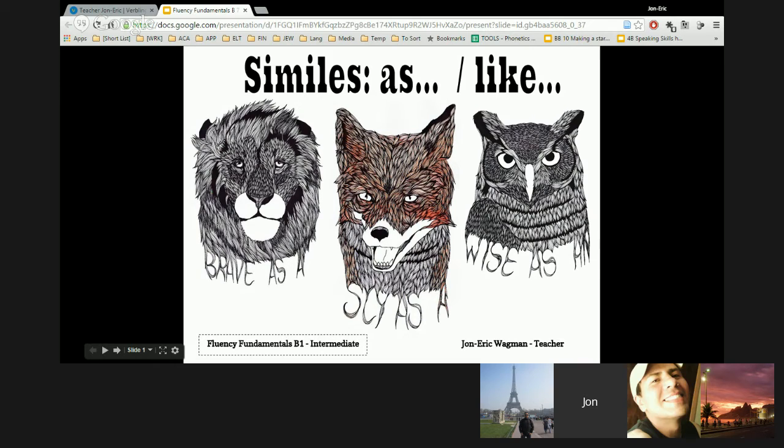What quality do foxes have? Are they smart or are they dumb? Are they intelligent or are they not intelligent? No, it's very intelligent. Very intelligent, right. So the simile is sly, which is intelligent, as a fox.